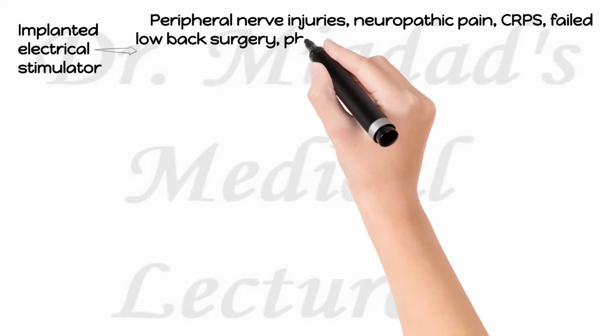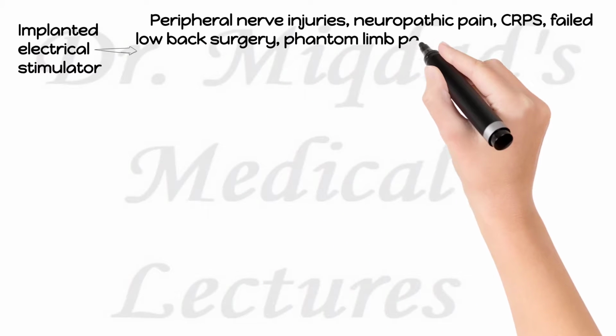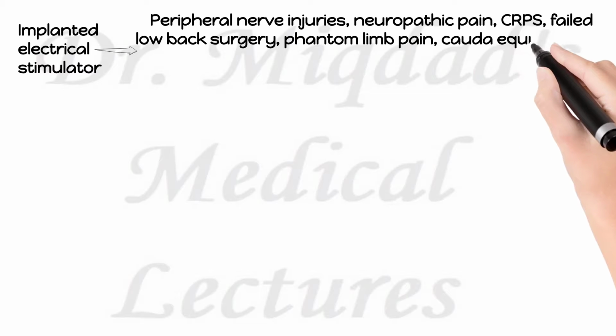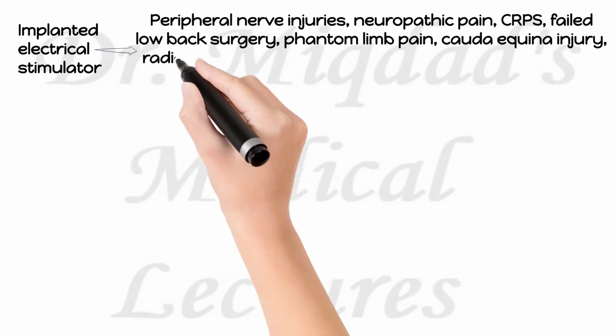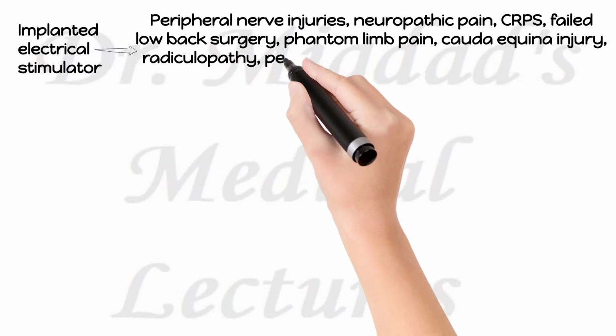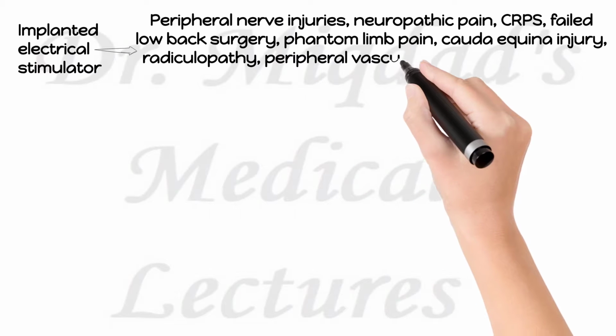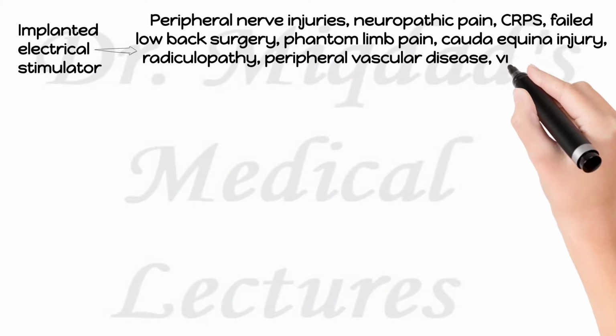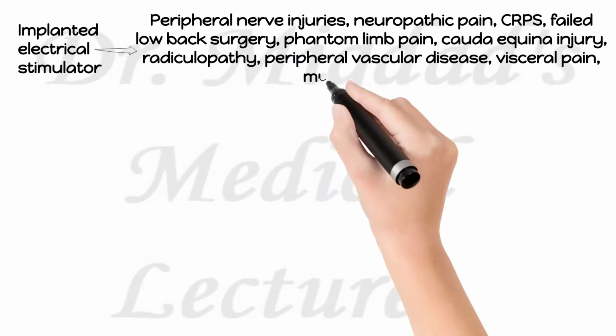It can be used in phantom limb pain or cauda equina injury, and in cases of radiculopathy. It can also be used for peripheral vascular diseases, visceral pain, multiple sclerosis, etc.